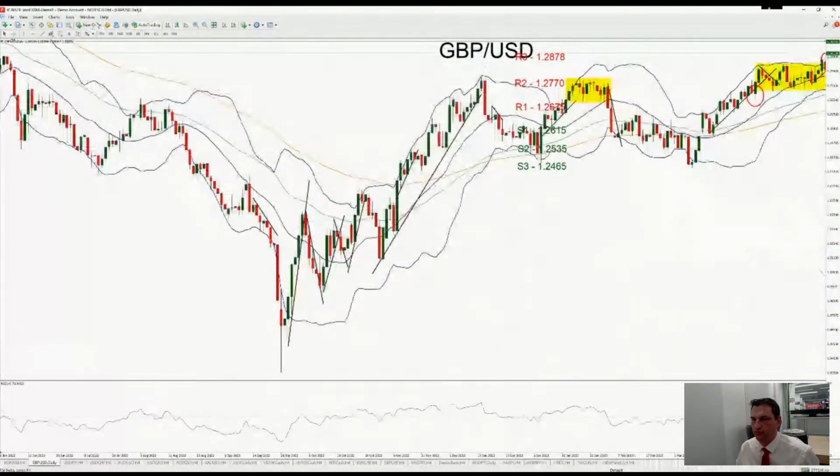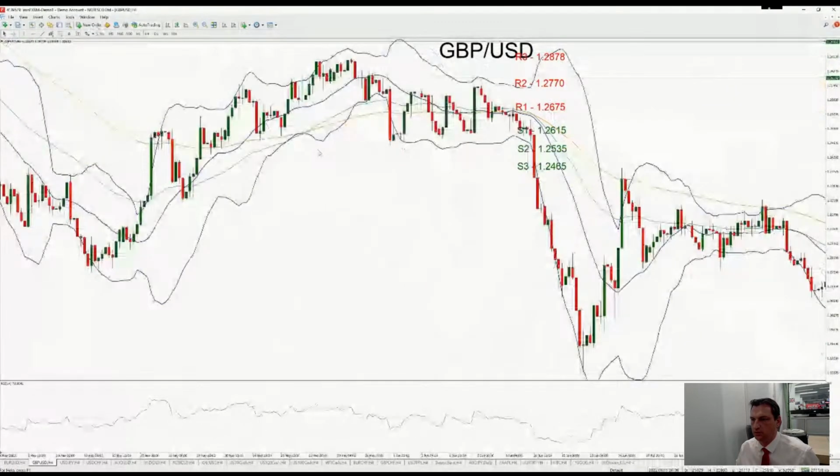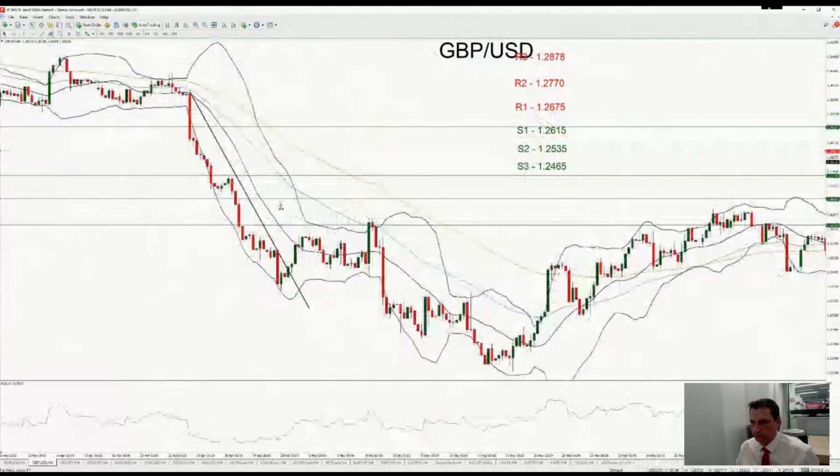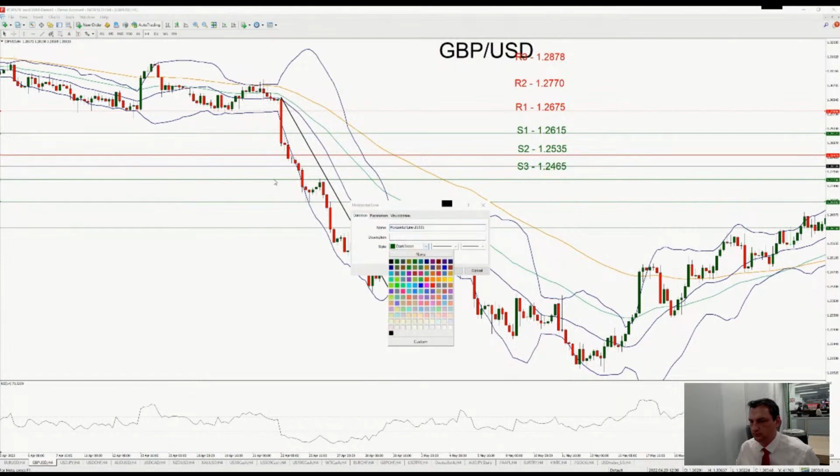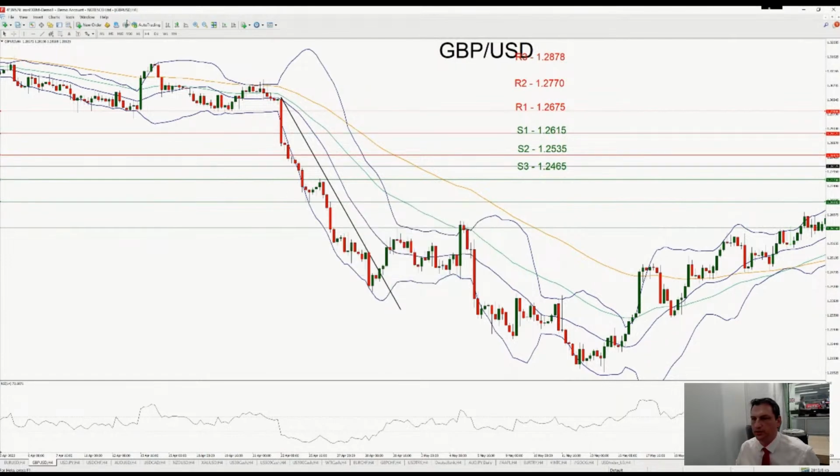Daily chart, 4-hour chart. Having one slight resistance here and another one up here. And that should be it.